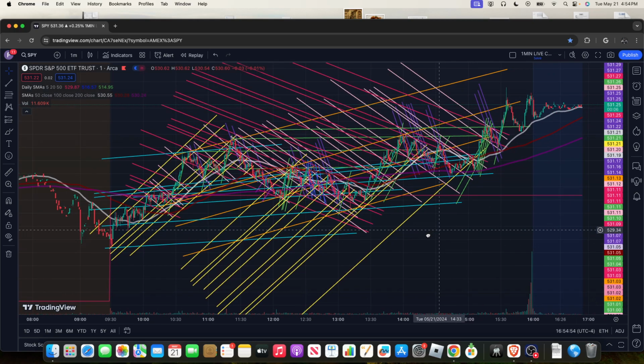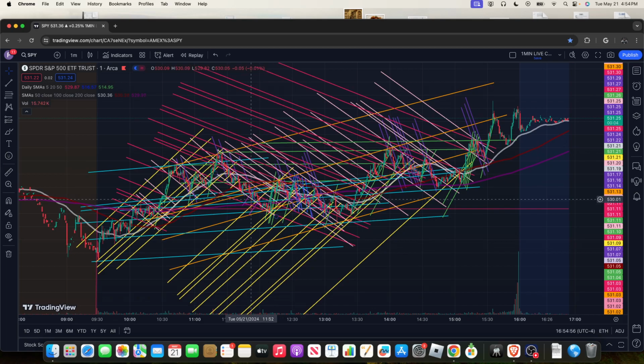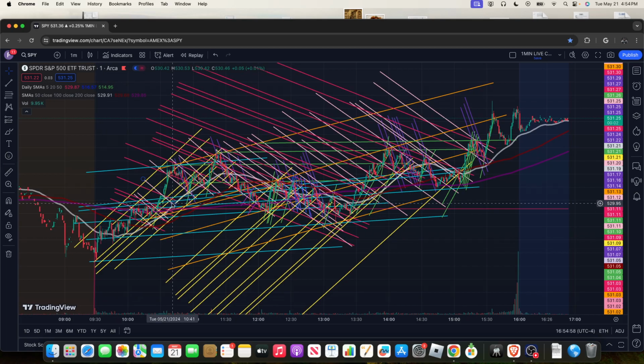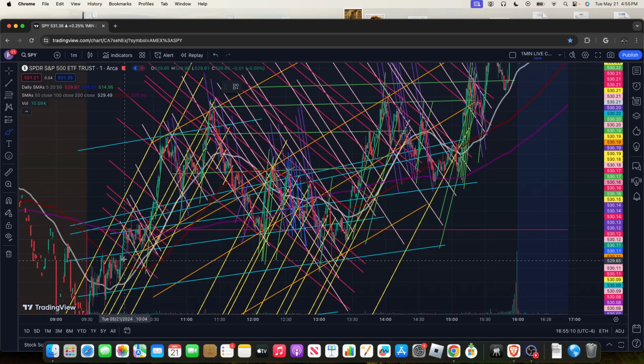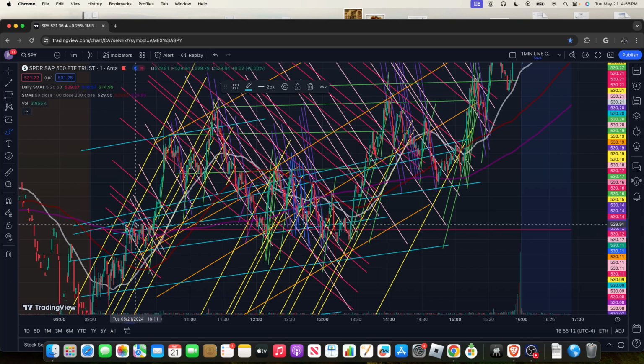Okay, so we first had to identify that yellow, right? The first trade of the day was gonna be around right here. We noticed this inverse cup and inverse head and shoulder, which really brought us up right here.